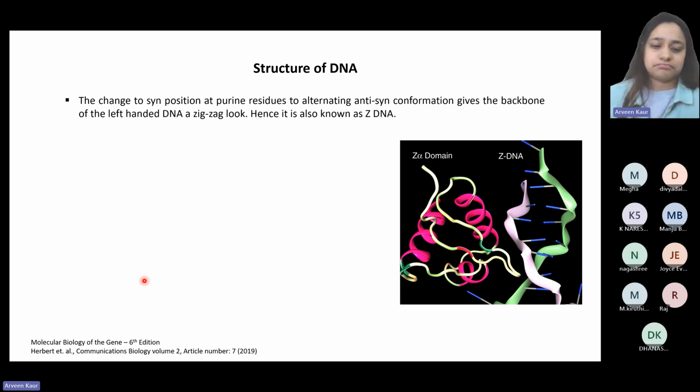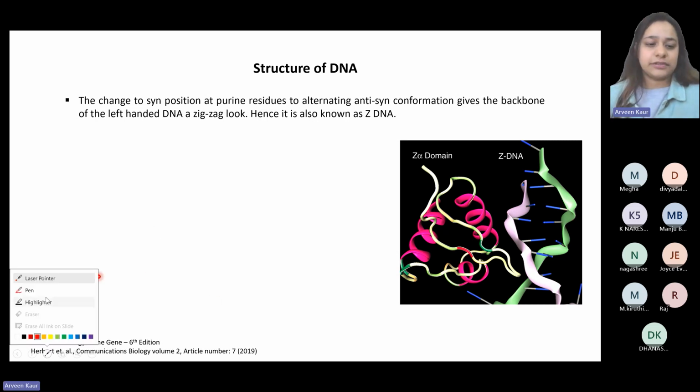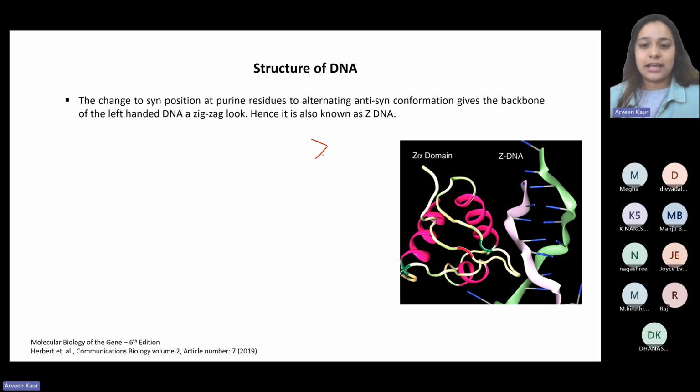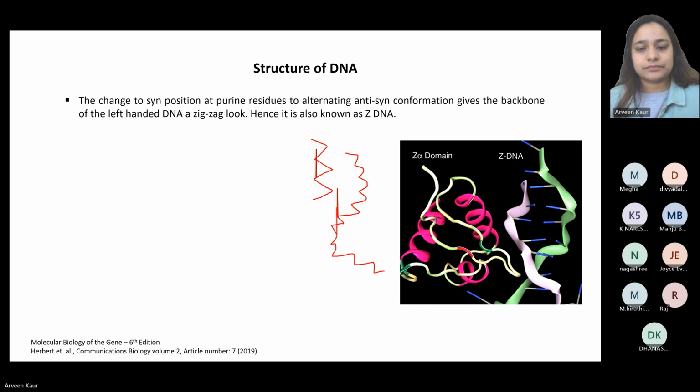It might be a little difficult to see in that illustration, but it will actually look like this. One is going in an anti-conformation out towards the outside, the other is going in a syn conformation towards the inside, then again anti, then again syn. So it will actually look like a zigzag. And consequently, this zigzag will also be turned, like how DNA is turned.